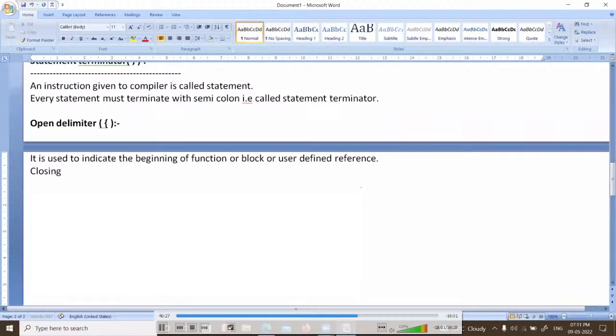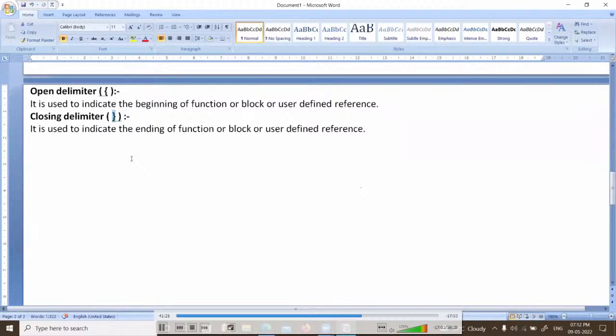If you want to indicate the closing, use the closing curly bracket. If you want to indicate the beginning, use the open curly bracket. Note these two: open delimiter and closing delimiter. You should not say open curly bracket or closing curly bracket. Whenever you see this, say open delimiter, and whenever you see that, say closing delimiter. Note.